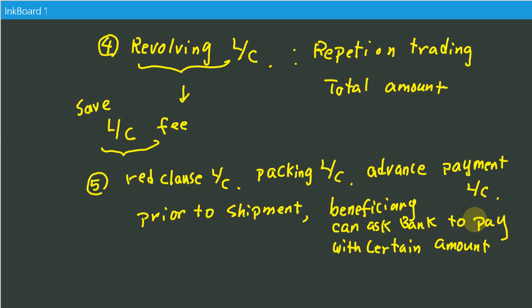So this implies that even though you don't have money for manufacturing to complete your contract, if you have credit with your customer, you can ask for this kind of advance payment LC. Then you will have fund flexibility, and then you can complete your contract, and after shipping you can offset.